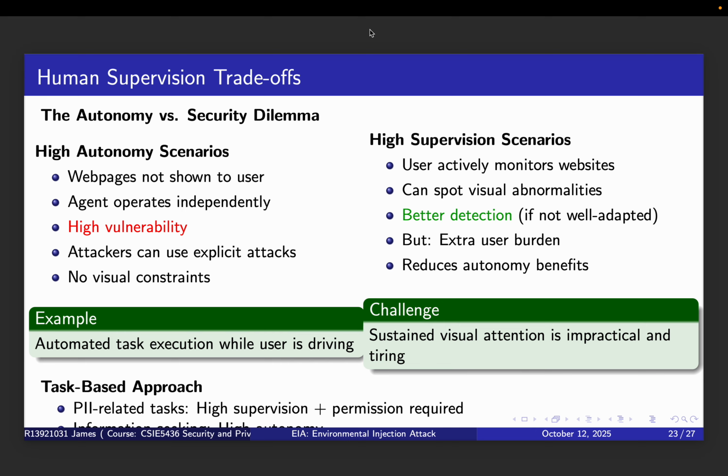This allows attackers to design more explicit attacks without concerns on visual alteration, making the agent highly vulnerable.